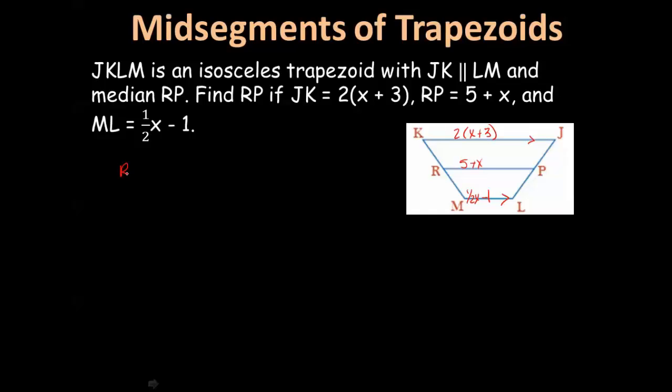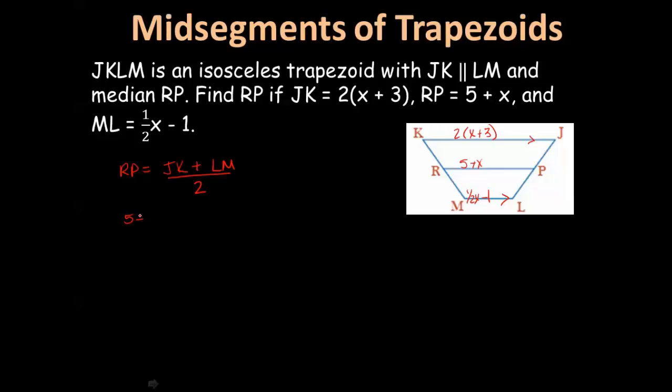So we know that RP equals JK plus LM, just divided by 2. And so we're going to plug in what we know.